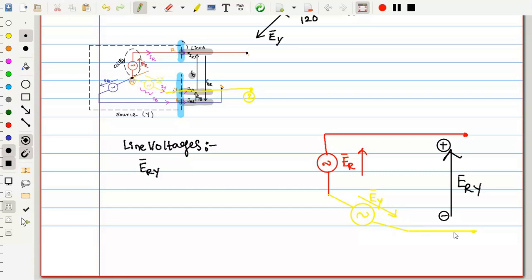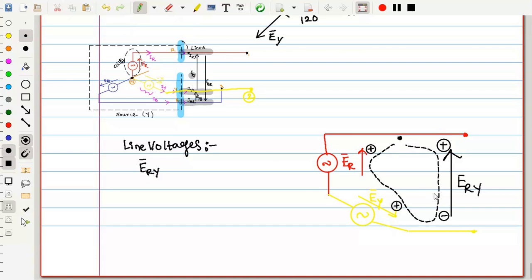Now simple Kirchhoff's voltage law. I want ERY. Can I write plus ER minus EY? Why? Because this arrow is pointing plus. This arrow is pointing plus. So now see, from here to here, or whatever form you understood KVL, you write down. If I start here, I can write like this: plus ER minus EY minus ERY is equal to 0. Are you getting my point? If I start over here, I can move through the elements like this dotted line, and I reach the same starting location with this path.